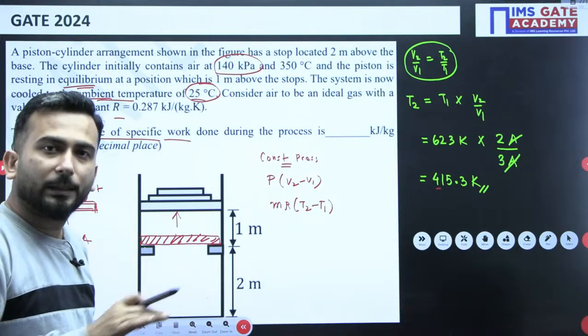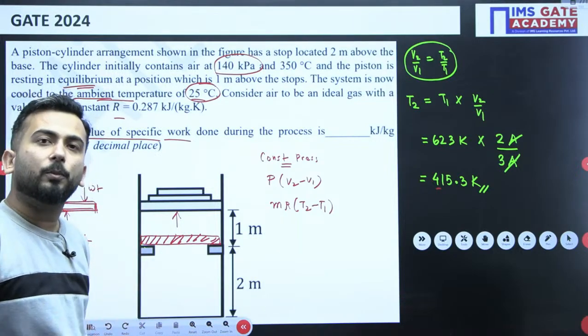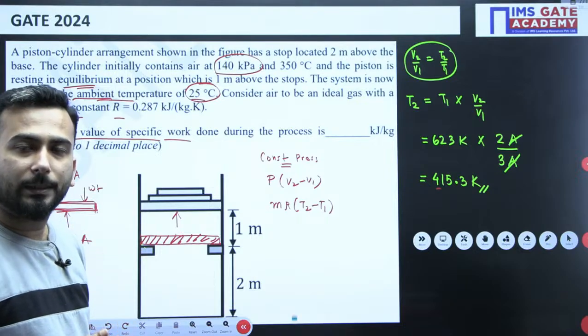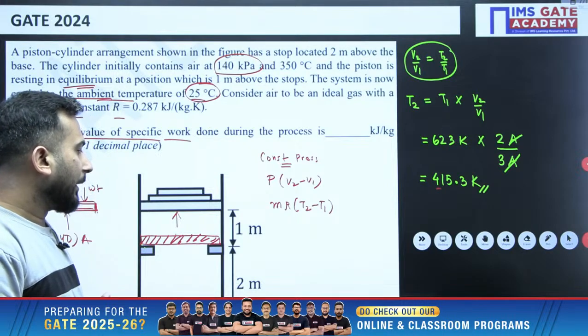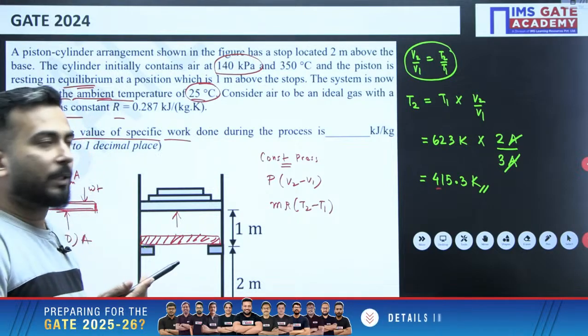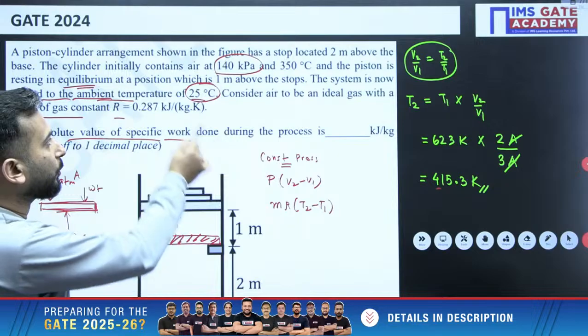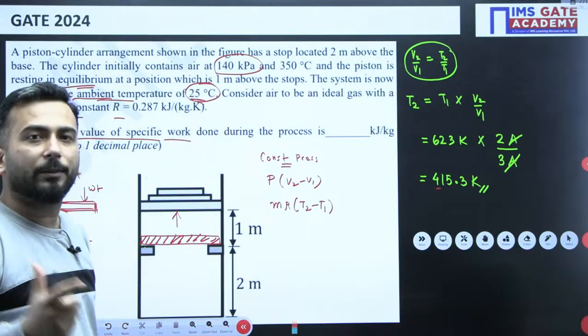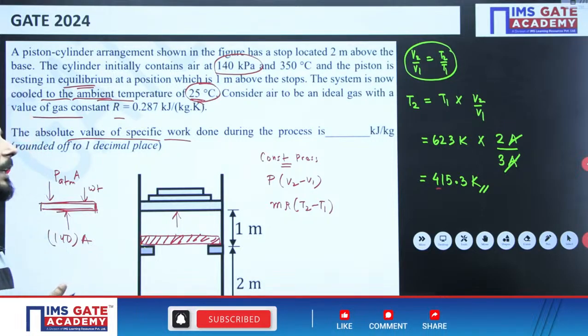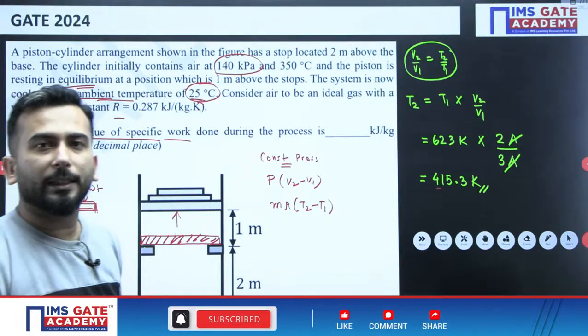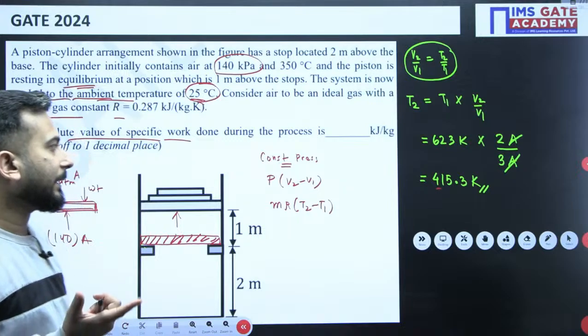So at this place, constant volume process will take place. From 415 to 298 Kelvin, the cooling that will occur is constant volume cooling. But you know, my dear friends, that constant volume work done is 0.